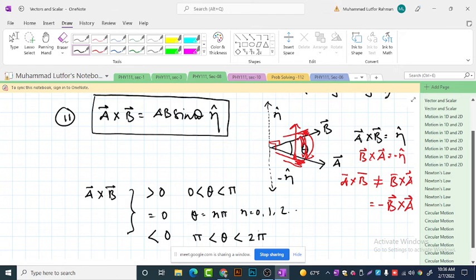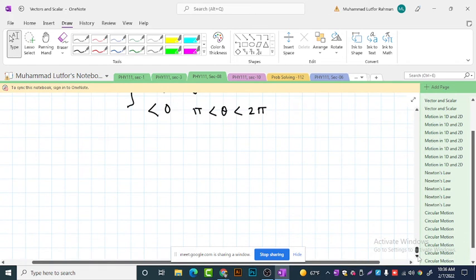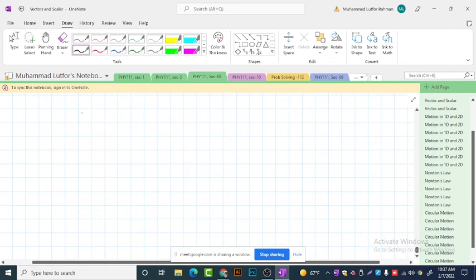All right, so this cross product, as I already said, is anti-symmetric. I would say A cross B is not equal to B cross A. If you want to equate them, you have to give it the minus sign.